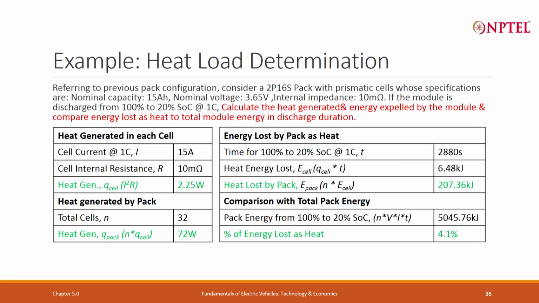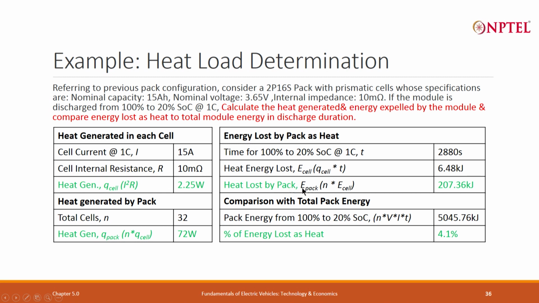But consider it here as a linear function just to simplify the problem. So, the total time taken from 100 to 20%, meaning 80% of the time, is 2880 seconds. Heat energy lost becomes 6.48 kilojoule.